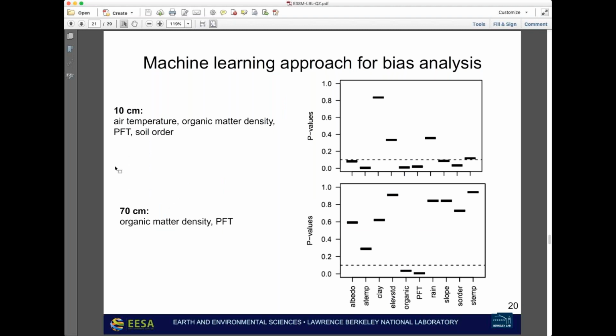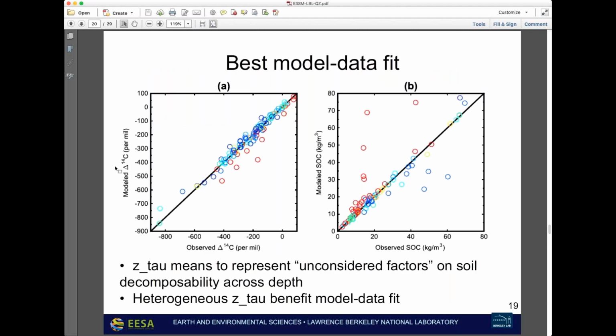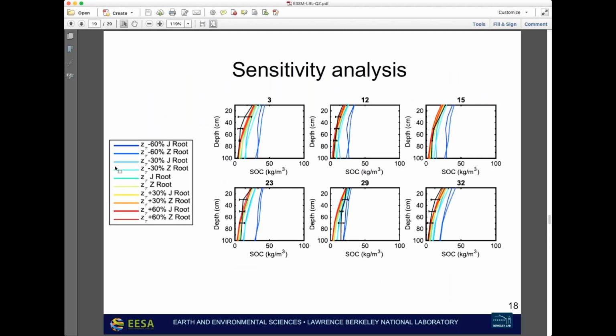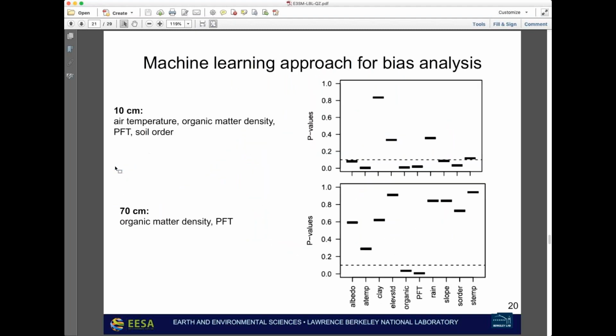In order to really represent the change of decomposability across depths, we might want to consider a specific mechanism rather than using a consistent Z-tau across depths. More importantly, with that assumption, we are never going to get the 14C and 12C correct at the same time. They kind of offset each other.